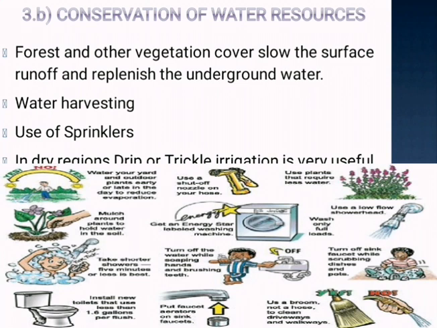Water harvesting, use of sprinklers in dry regions, and drip or trickle irrigation are very useful. Access to clean and adequate water resources is a major problem facing the world today. Steps have to be taken to conserve this dwindling resource.